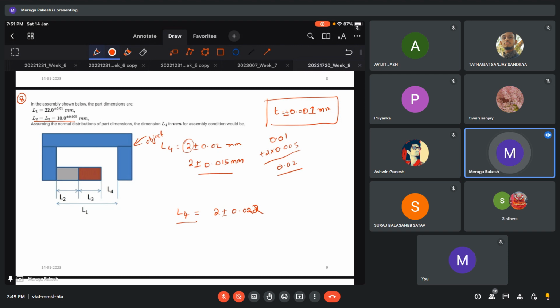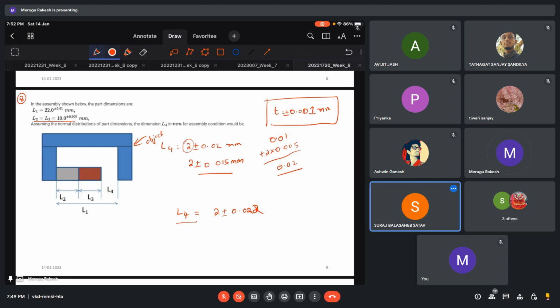So everyone is getting the same 2 plus or minus 0.022. Sir, in this kind of question, they give the whole dimension and then ask for one of the missing parts, the tolerance. In the case of bilateral, we just add all the tolerances.